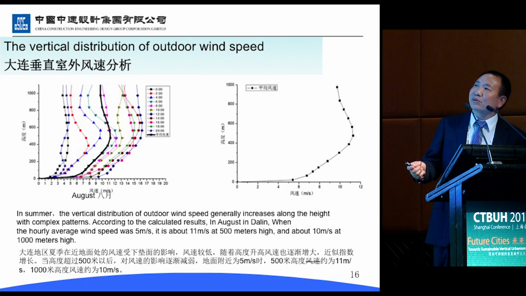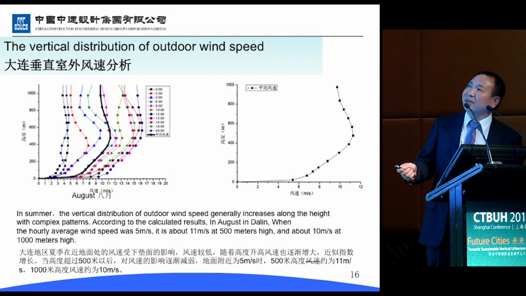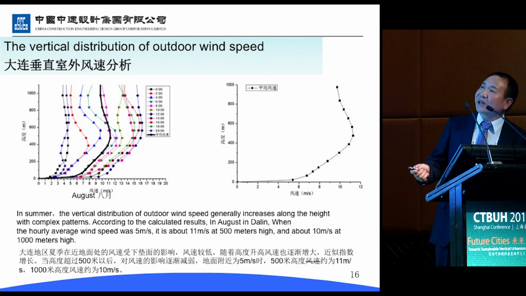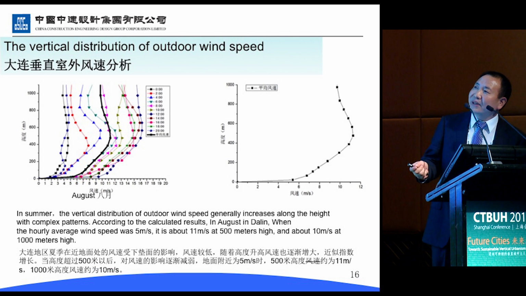If you look at this according to different times of the day, in the evening the wind speed is faster. Averagely speaking, you can pretty much follow this curve. Another interesting thing is that in August, on the left-hand side, depends on different location, of course, the vertical distribution of the outdoor wind speed gradually increases along the height with a complex pattern.